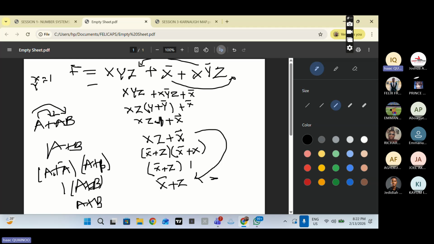This expression right here has 3 variables, and these 3 variables can have 8 different combinations of inputs. So that means that you can test about 3 different combinations of inputs, and your answer will be true. That does not mean you are right.